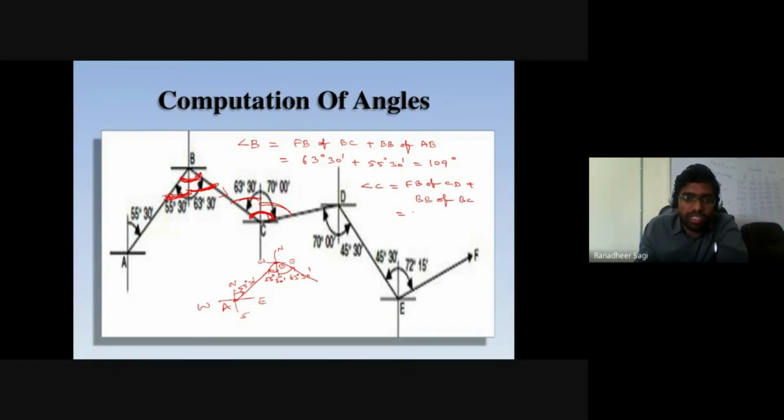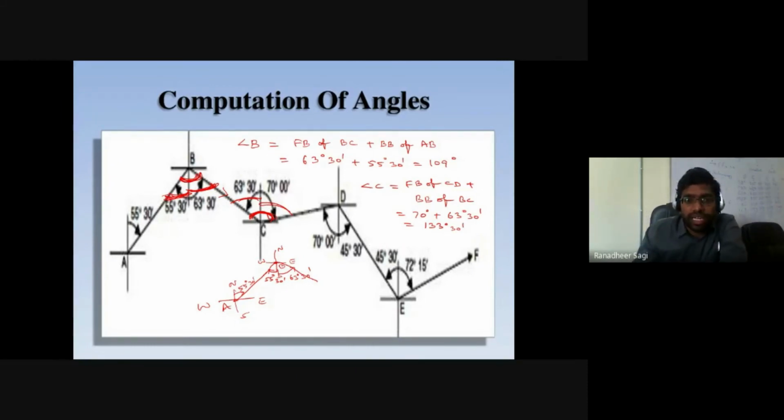The forebearing of CD line is 70 degrees, and the back bearing of BC line is 63 degrees 30 minutes. So it comes out to be 133 degrees 30 minutes, the interior angle at point C.